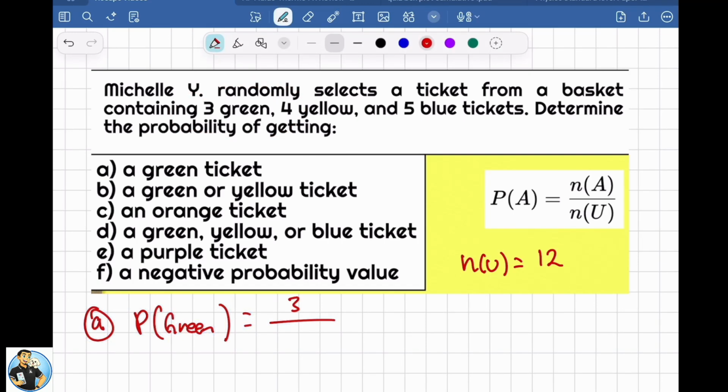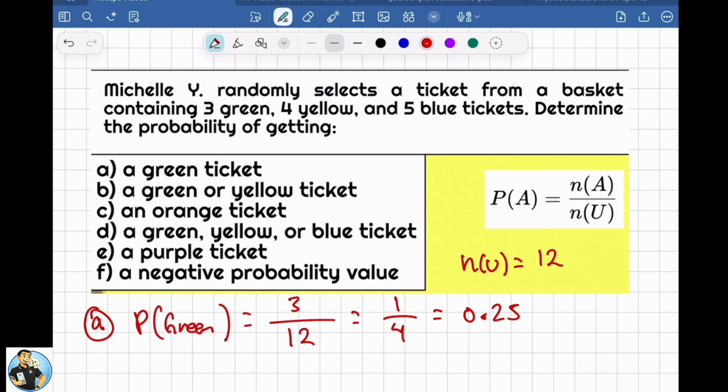Out of the number of possibilities, 3 out of 12. In this case, you can leave your result like this, or you can say this is 1 divided by 4. It's the same. Or also, if you want, you can use decimals, 0.25.